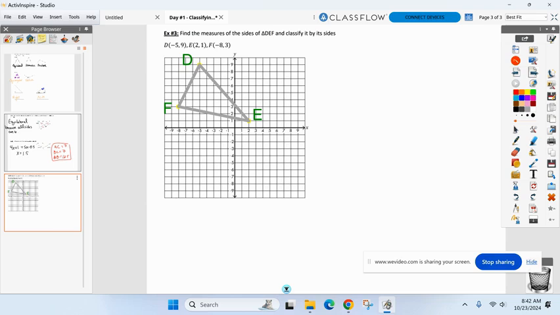Go ahead and graph triangle DEF, and we gotta talk. Oh, this is gonna be so great. Make sure you label the vertices too, D, E, and F.